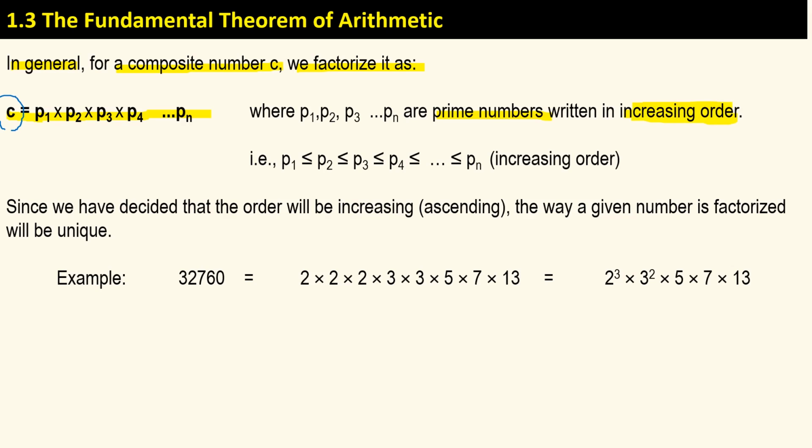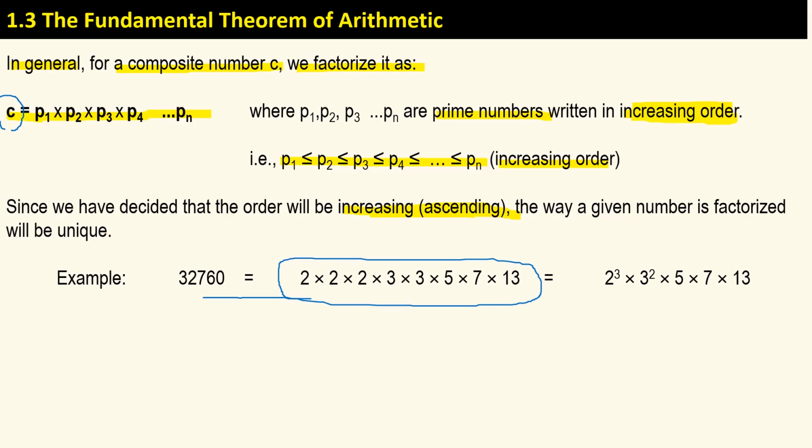This increasing or ascending order is important, and it can be expressed mathematically as p1 is less than or equal to p2 is less than or equal to p3 is less than or equal to p4 and all the way up to pn. If we agree on arranging all the prime factors in ascending order, then the prime factorization that we obtain for any number will be unique.